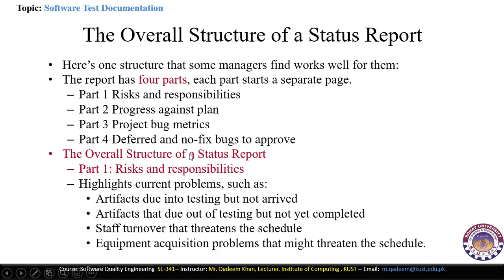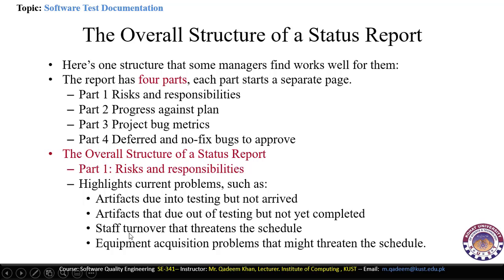Now, the overall structure of test reports has a first part called risks and responsibilities. Here we will identify the current problems, such as artifacts due into testing but not arrived. For example, different components that are required during the testing but are not provided at the time. Artifacts that are due out of testing but not yet completed, and those components which are due and still incomplete, say staff turnover that threatens the schedules.